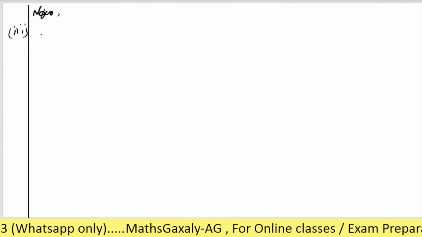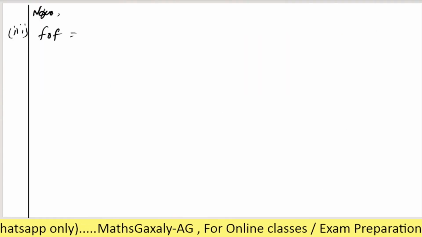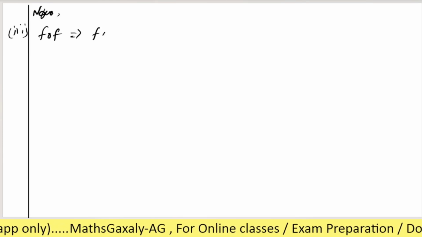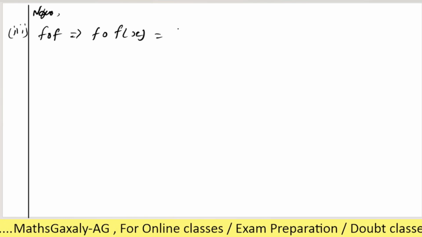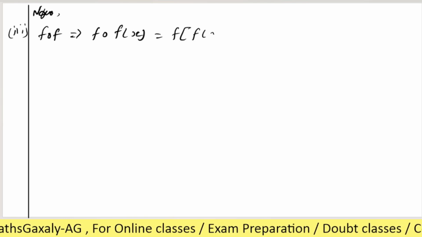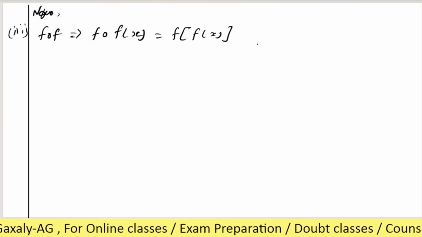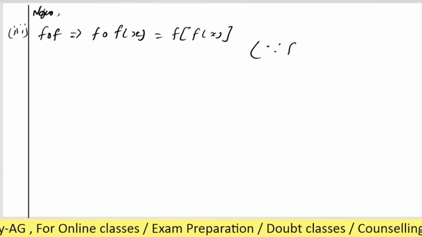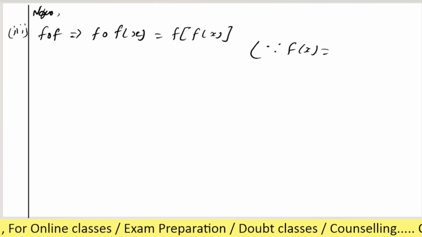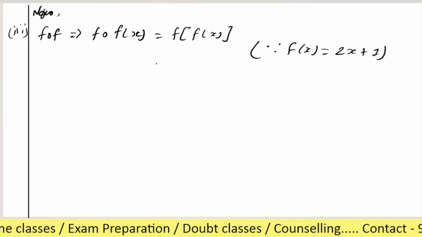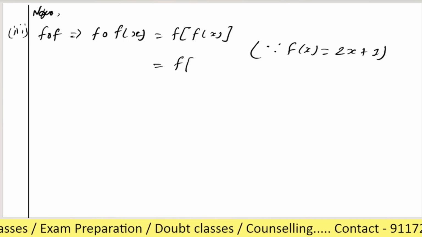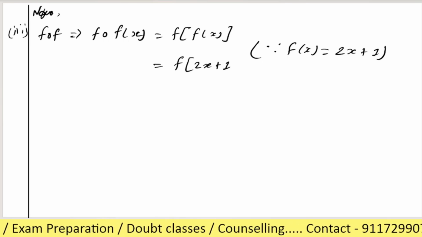Yes, FOF. FOF, which is function of fx, है ना? So this can be written as function of fx, right? And since as we know that fx is given, what is it? 2x plus 1, right? So in the place of fx we will write 2x plus 1.